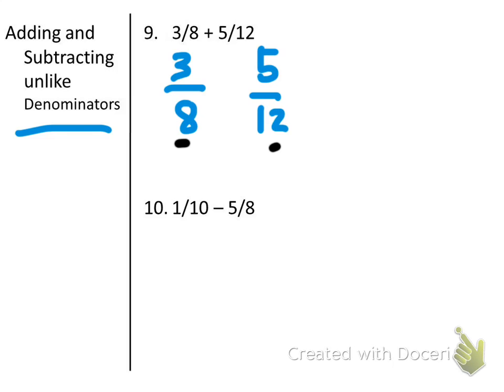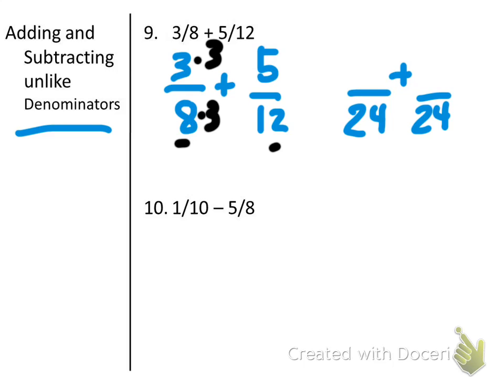So we're going to put 24. How do I get from 8 to 24? Multiply by 3. So I'm going to multiply by 3 to the numerator. Whatever I do to the denominator, I also do to the numerator. So we have 3 times 3 is 9.